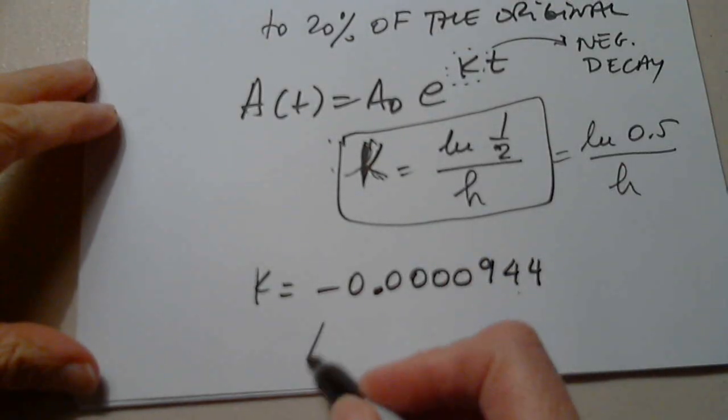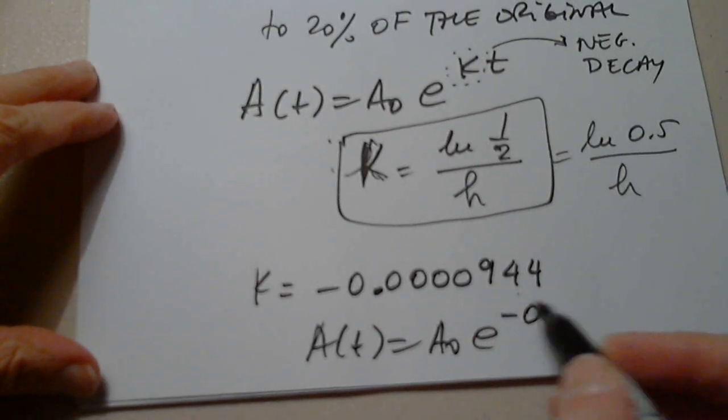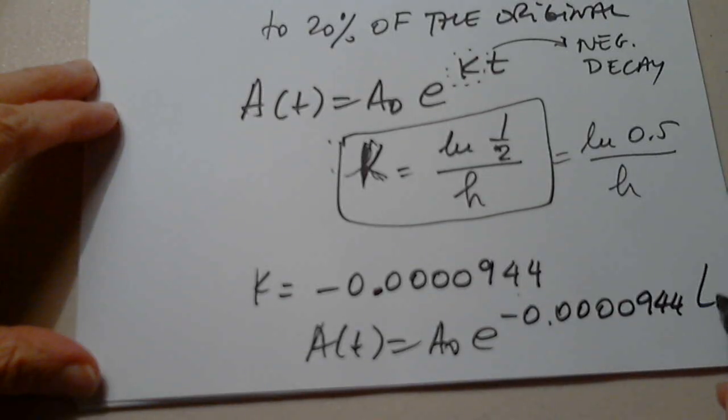So now I have the model: A of t equals A0 times e to negative 0.40944 t.